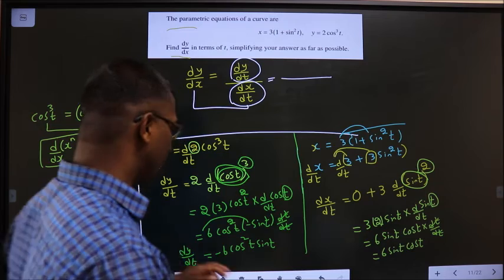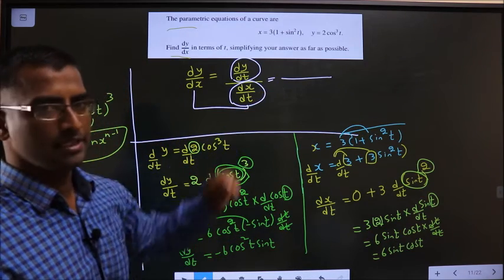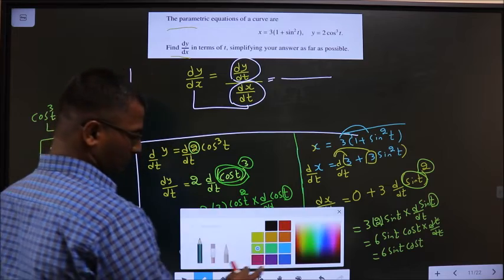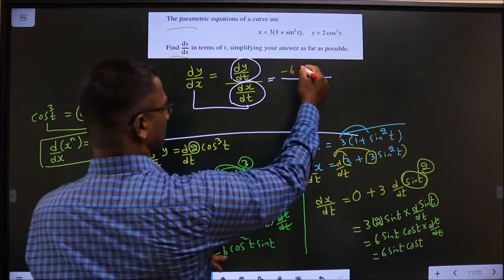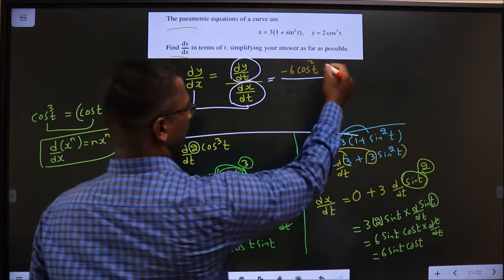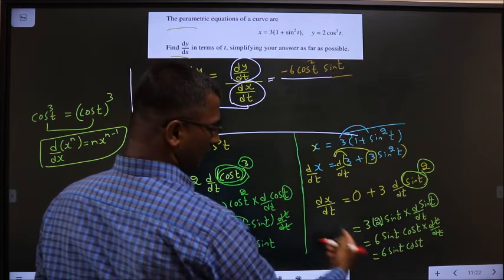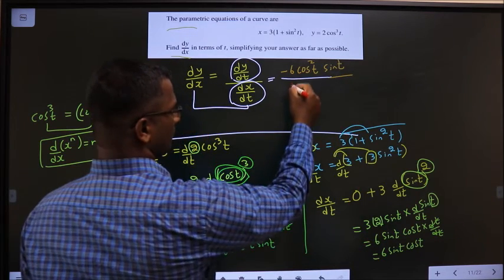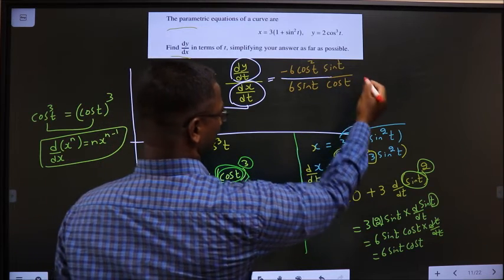Clear? We have found dy by dt and dx by dt. Let us replace it here. So dy by dt is minus 6cos²t sin t by dx by dt, which is 6 sin t cos t.